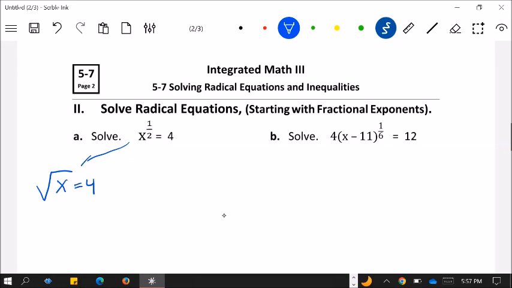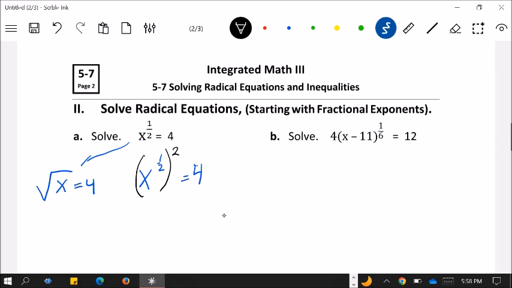But I want to introduce you to a different concept with this. And that is, if my goal is to get the x by itself, one of the techniques that I can use here is to multiply up here by the reciprocal of that. So I can square this side because 1/2 times 2 will be a 1.